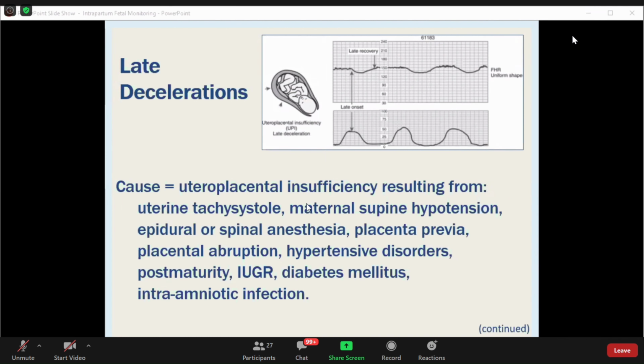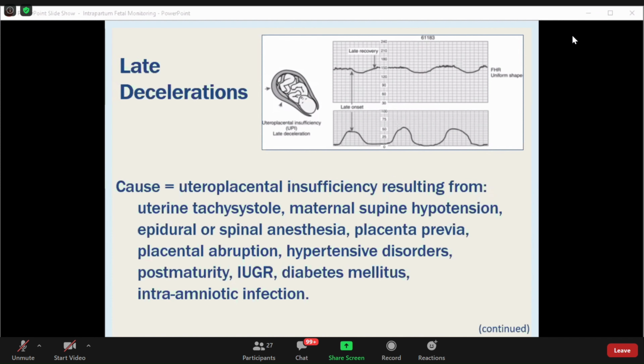Okay, so as you can see, a whole list of things can cause late decelerations in the patient's history. But all of these things, uterine tachysystole, maternal supine hypotension, epidurals, previas, abruptions, hypertensive disorder, all of these result in uteroplacental insufficiency.